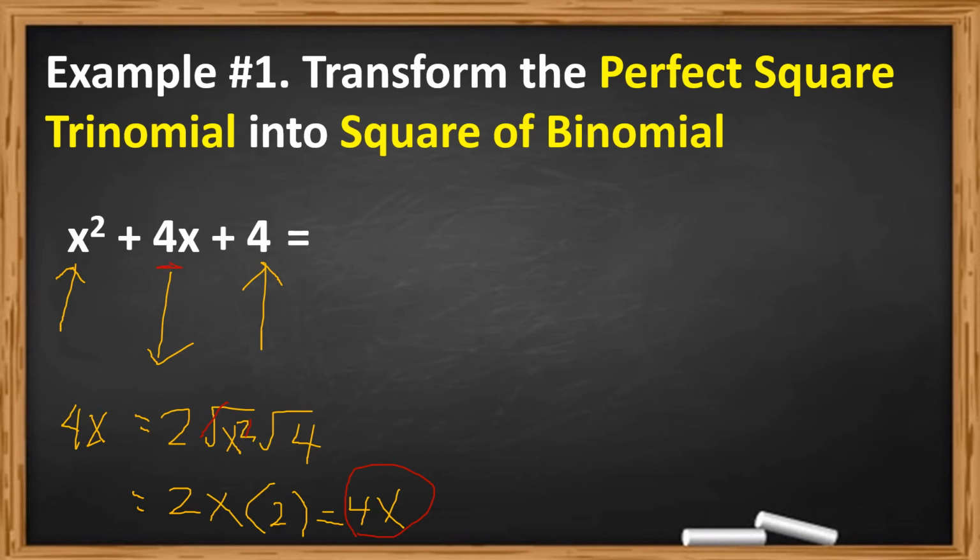Our condition number 2, which involves our second term, is twice the product of the square roots of the first term and the third term. So therefore, our trinomial is a perfect square. And so we can freely transform it into a square of binomial by just taking the square root of the first term, which is x squared, so that's x, and the square root of the third term, which is 4, so its square root is 2.